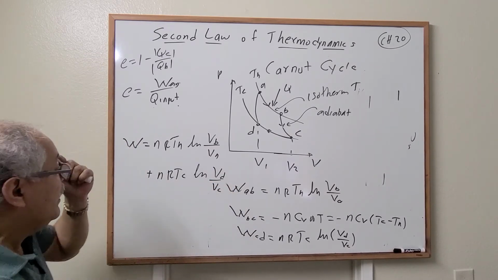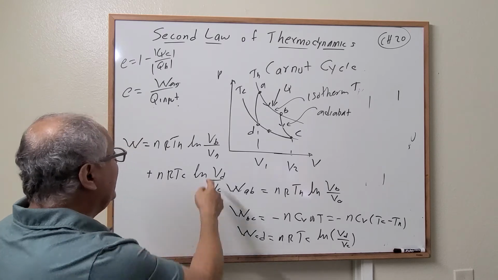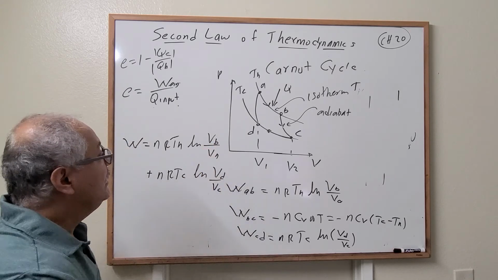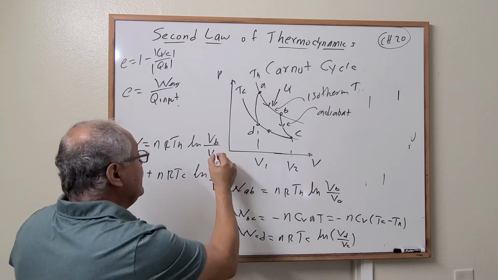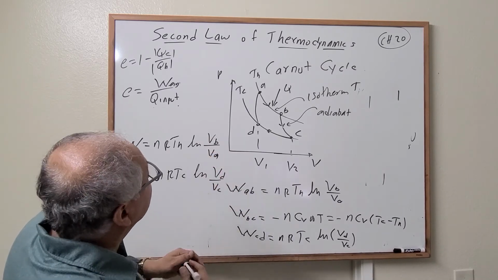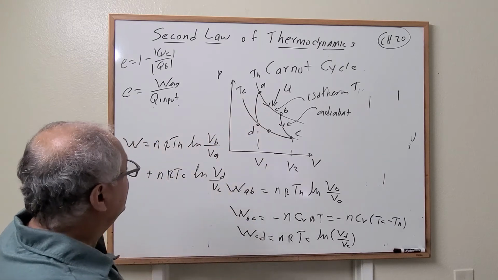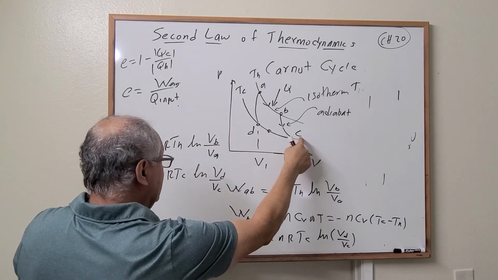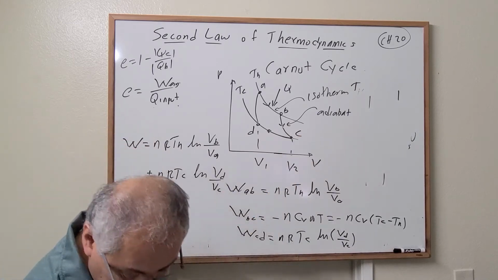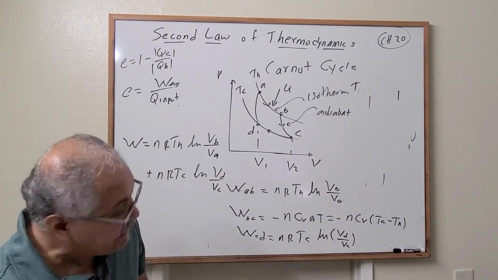Okay, now let's work with these quantities, VB over VA and VD over VC.